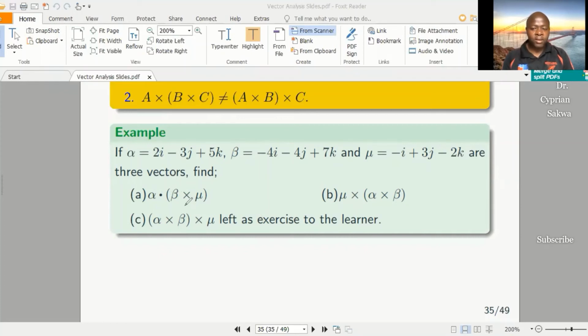So I'll do this using the same method of finding the determinant of the coefficients of these vectors. You notice that these ones are commutative: even if you remove the bracket, you get the same result. But this one will not obey commutativity. So let's see how I did this again.